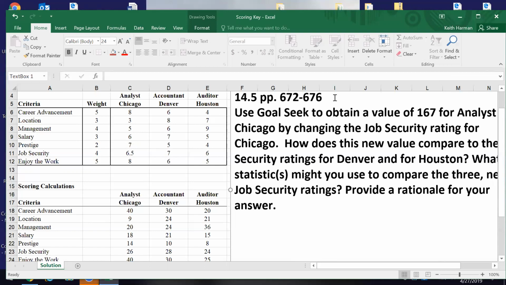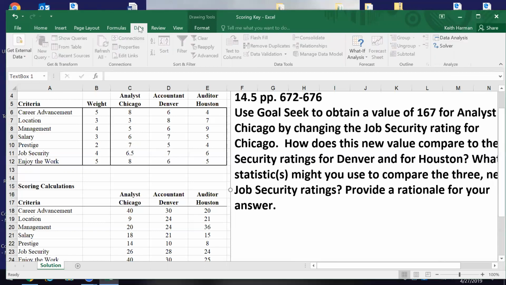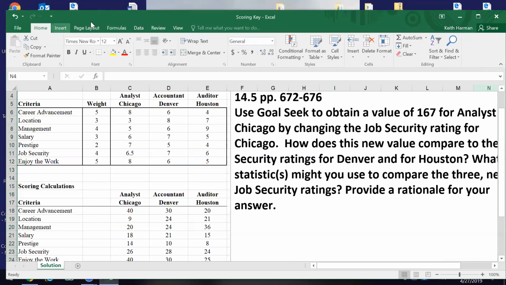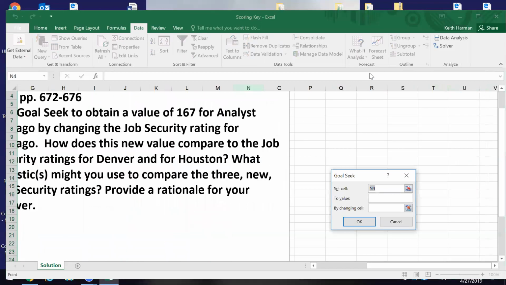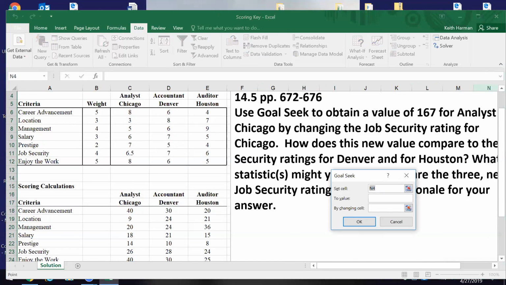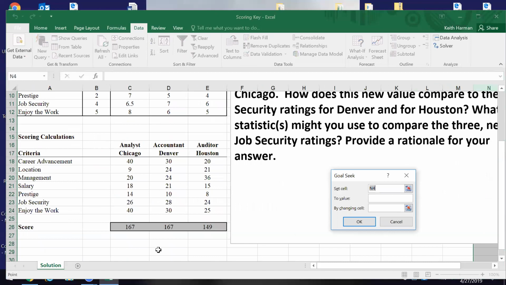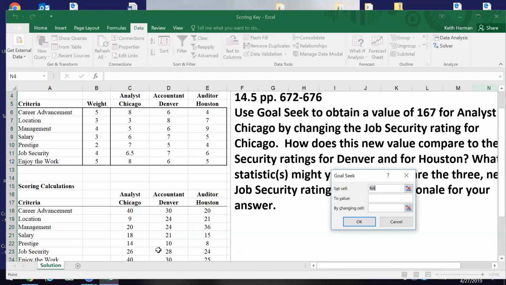Job security, so we'll go up here. And we're going to use the goal seek. Okay. And we want to obtain a value of 167 for the Chicago.